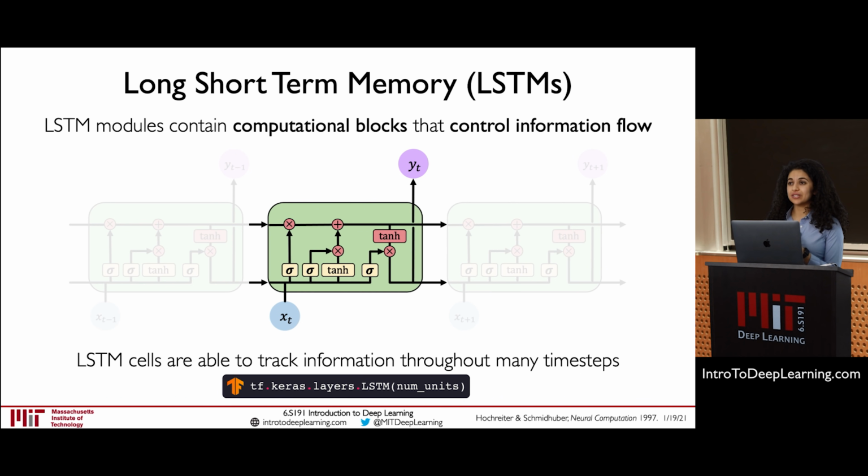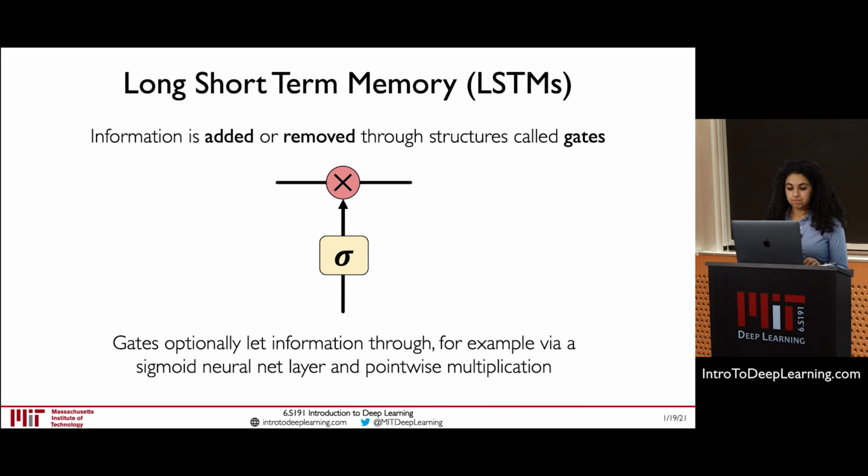But what's neat about these interacting layers is that they can effectively control the flow of information through the LSTM cell. We're going to walk through how these updates enable LSTMs to track and store information throughout many time steps. And here you can see how we can define an LSTM layer using TensorFlow.